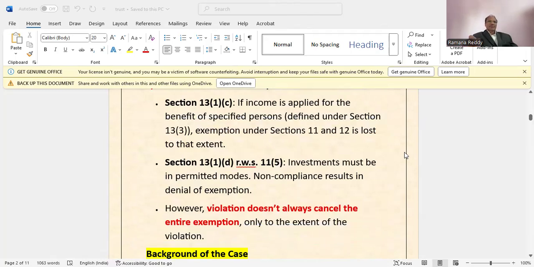Section 13(1)(d), read with Section 11(5): investments must be in permitted modes. Non-compliance results in denial of exemption. A violation doesn't always cancel the entire exemption, only to the extent of the violation.